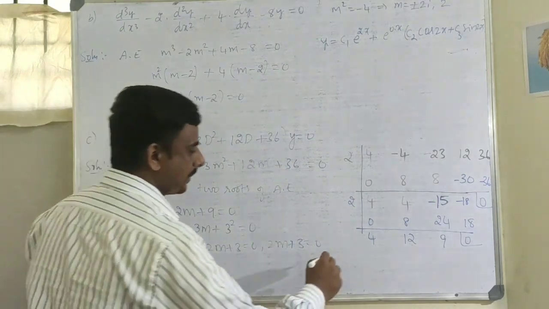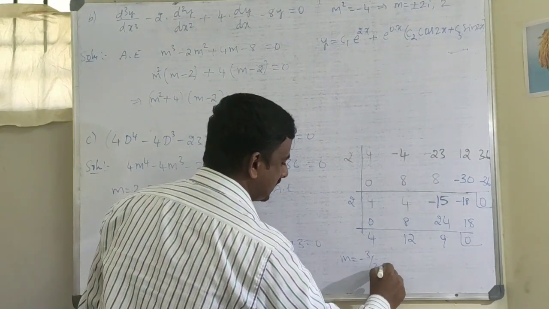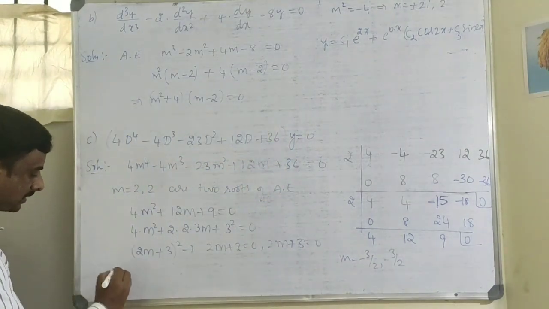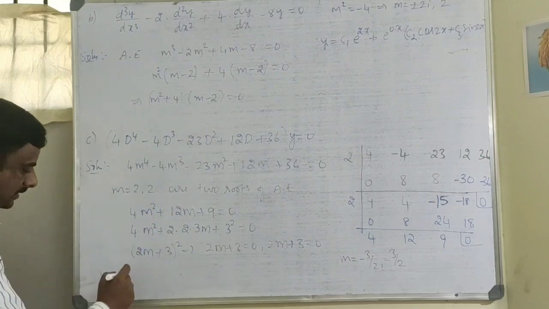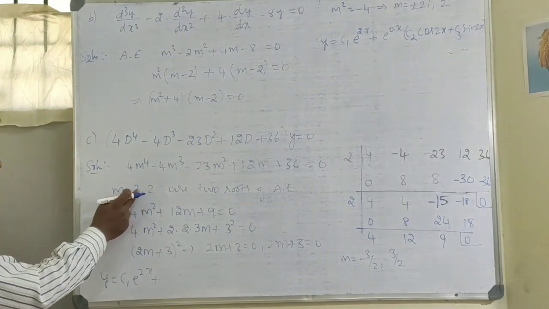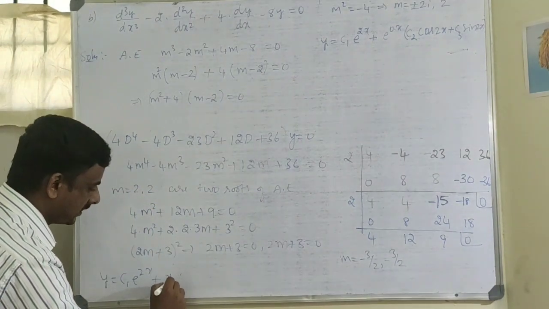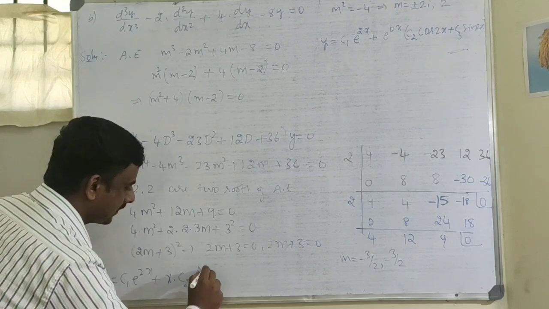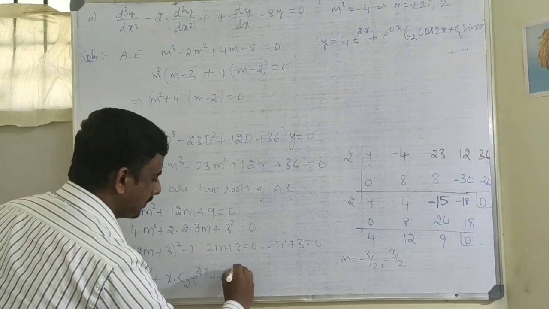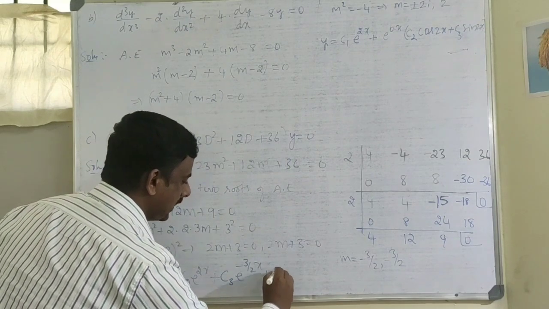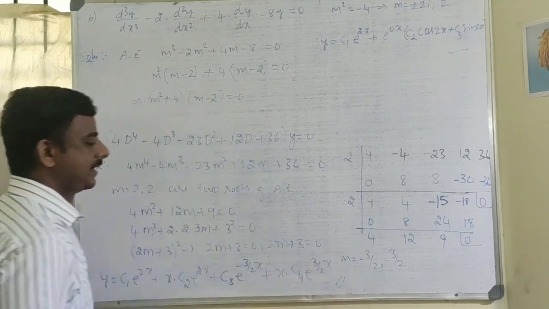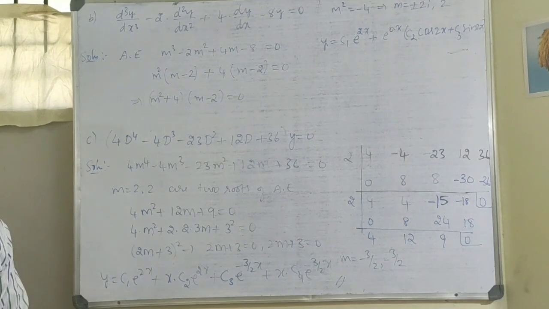So the roots are minus 3 by 2, minus 3 by 2. Therefore y equal to c1 e power 2x plus, for the repetition of the first root, x into c2 e power 2x, plus the next root c3 e power minus 3 by 2 x plus x into c4 e power minus 3 by 2 x. So that is the solution of the given differential equation.